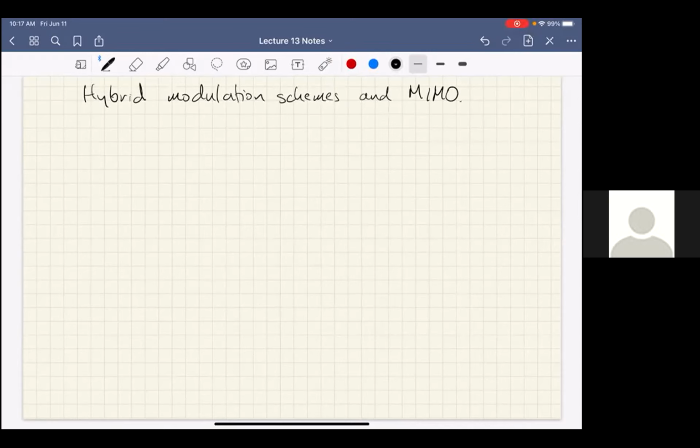So what we're going to end up with is a sequence of symbols for each transmit antenna.